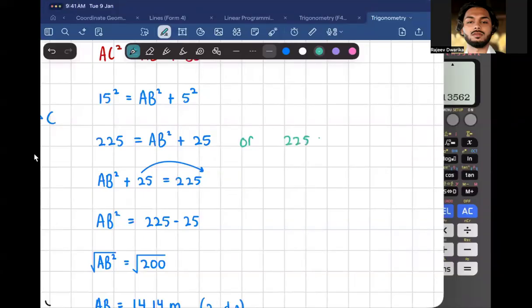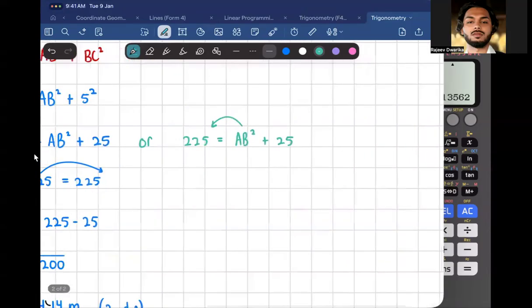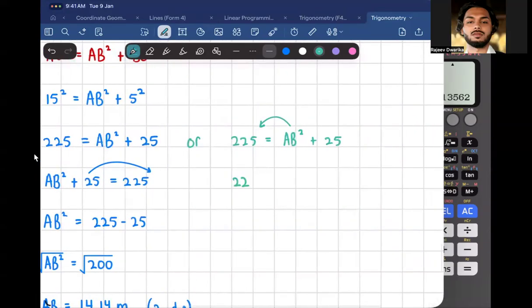225 is equal to AB squared plus 25. If you decide to move across the AB squared, you're going to end up with a little trouble, right?